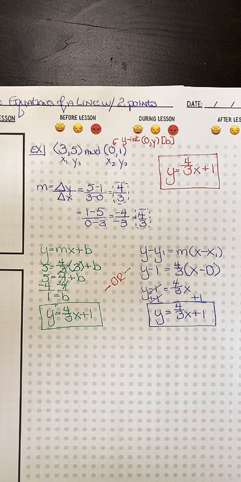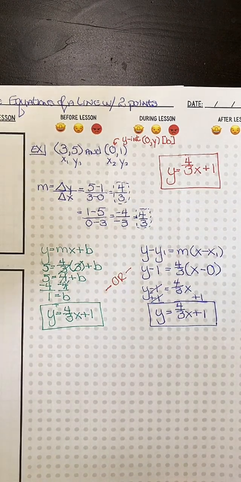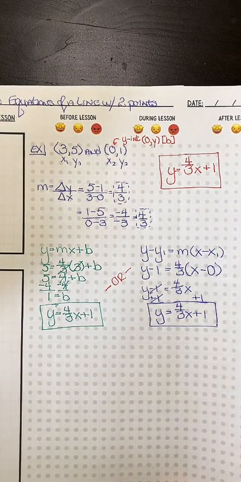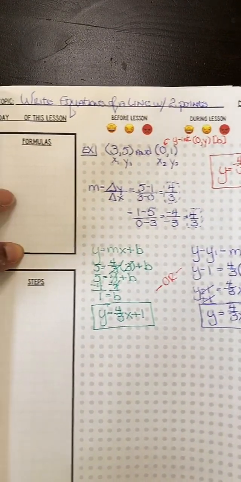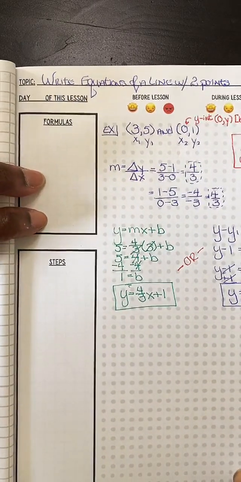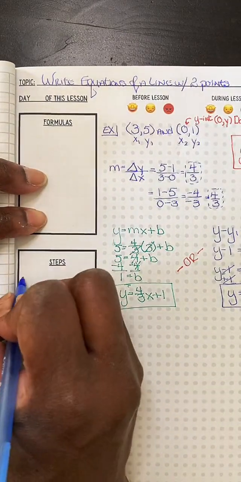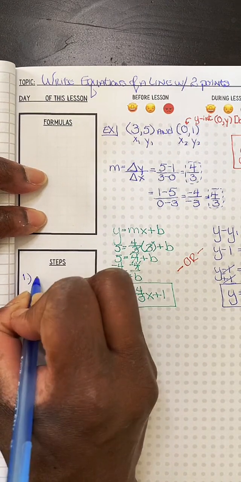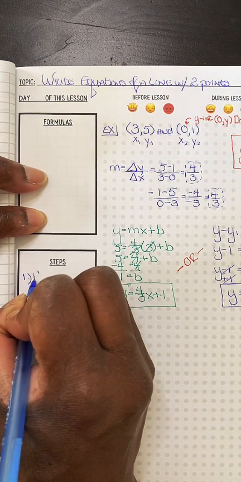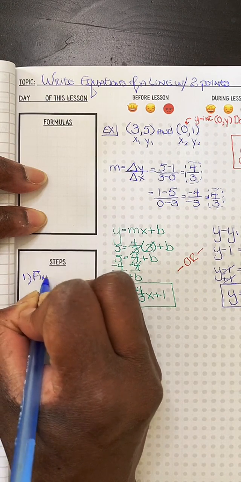Okay, so for this one, I kind of want to write some steps down. So I'm going to slide this bad boy over. Let's see if I can write some steps down. So first step, we want to solve, or find the slope, I should say.